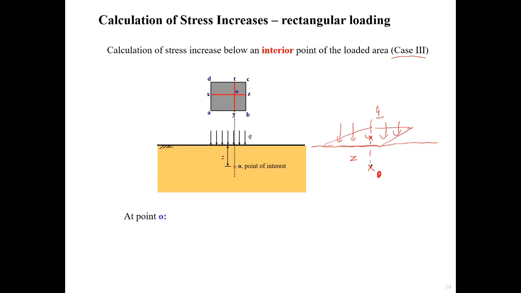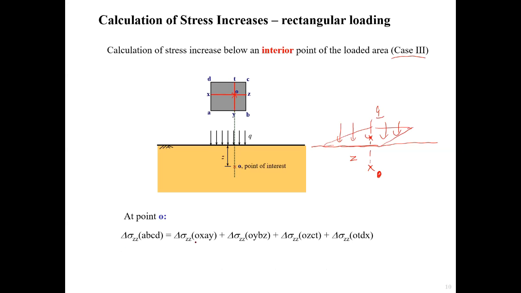If you do the vertical projection, it is somewhere here, inside, not at the center. At point O, the stress increase will be calculated as the sum of the stress increases for 4 rectangles. We draw the vertical line and horizontal line through point O and break this rectangle into 4 small rectangles.